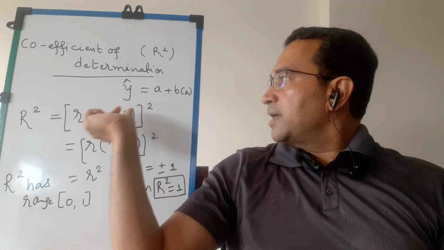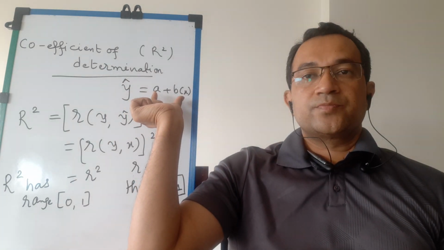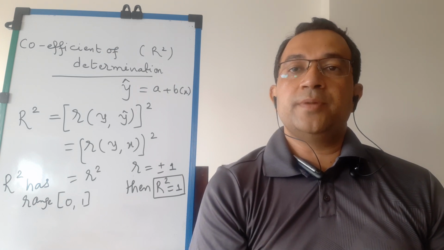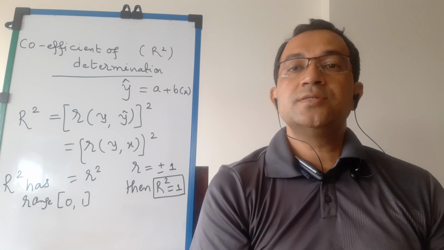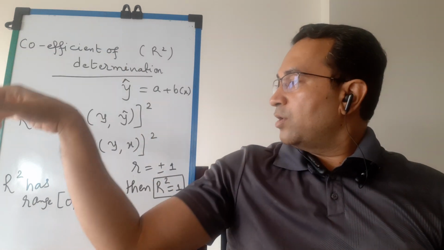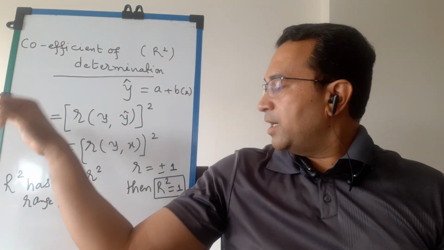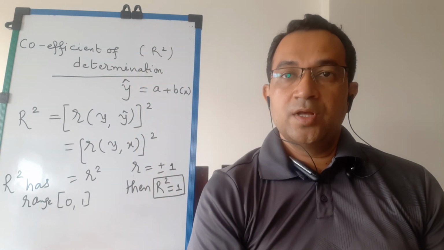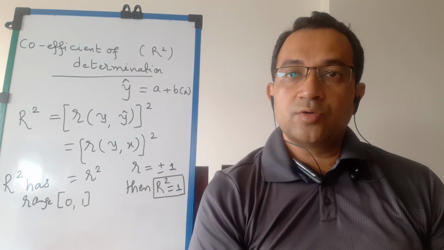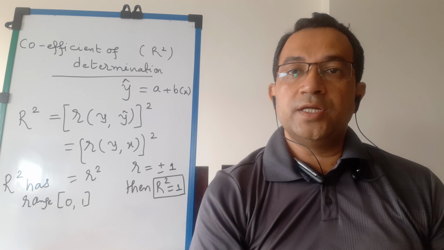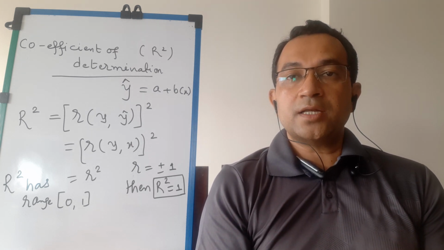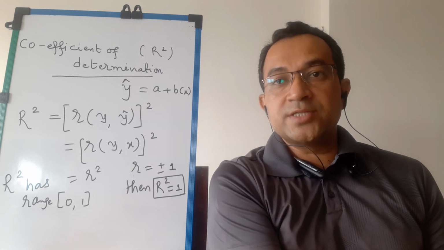Now students, y cap is a plus bx, and if I simplify, you know that correlation coefficient r is independent of change of origin and scale. So the formula of capital R square will be same as only simple R square. So in the sum, students, if you are told to find coefficient of determination, we will simply find correlation coefficient R as per our chapter 2 and square it.